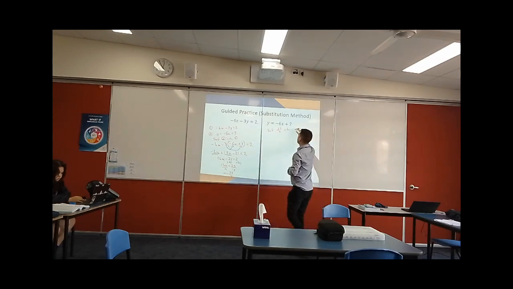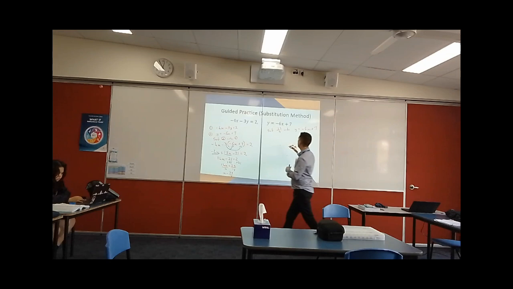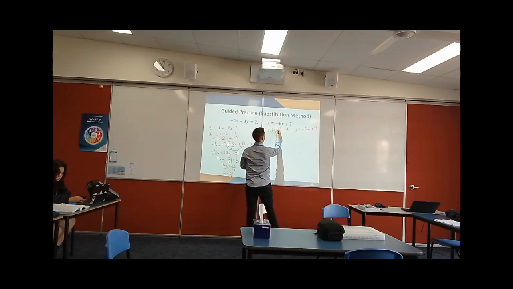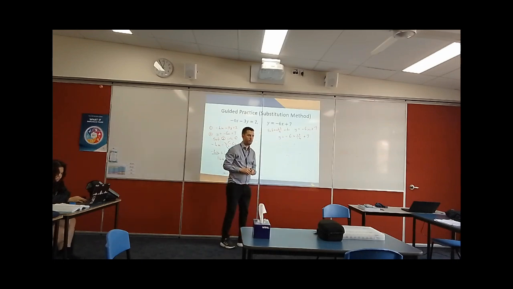Yep. y equals negative 6x plus 7. So that means I'm going to go y equals negative 6 times 23 over 14 plus 7.